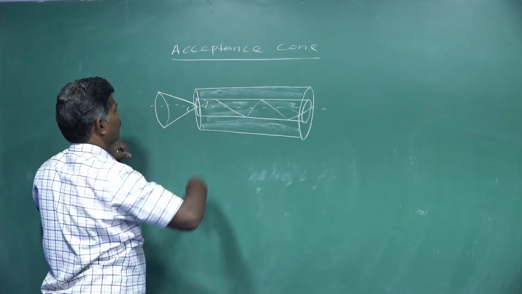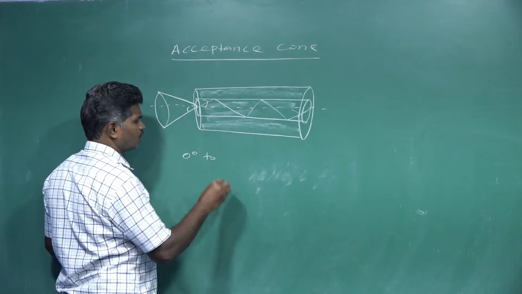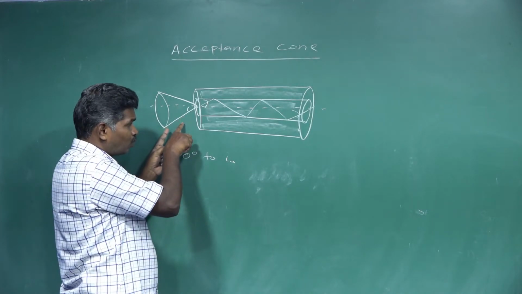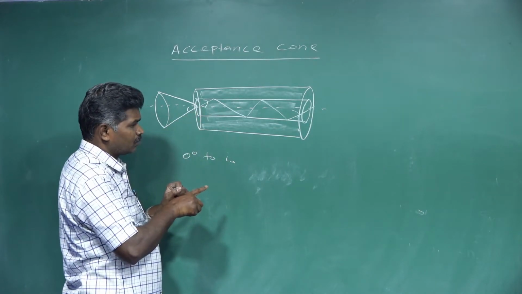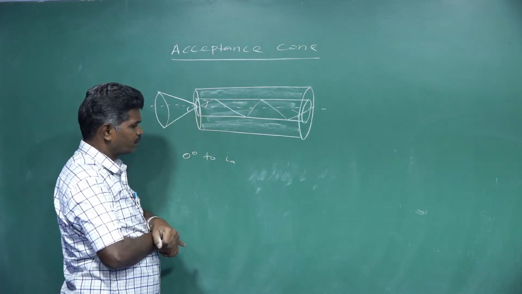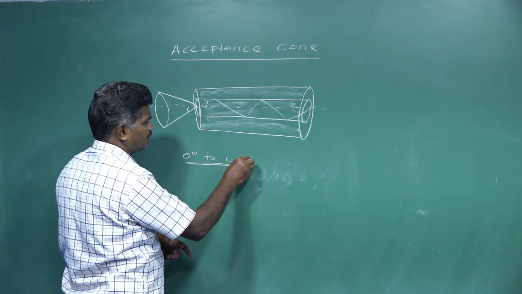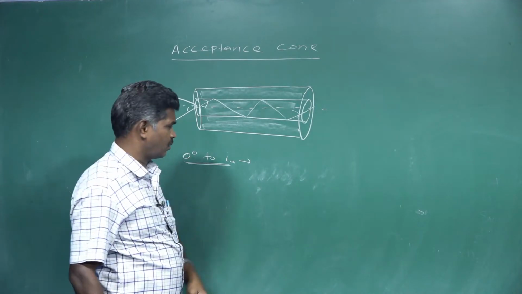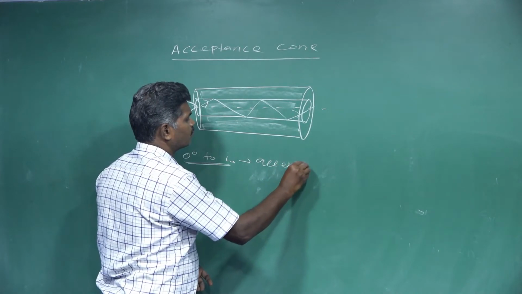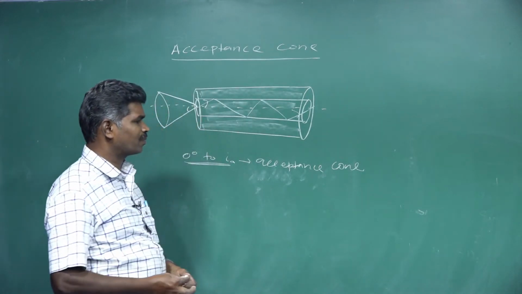From 0 degree to IA, if light enters from outside to that core, then only it will make a total reflection and be transmitted through the core only. If the angles are made in all directions, that makes a conical shape, that is called an acceptance cone.